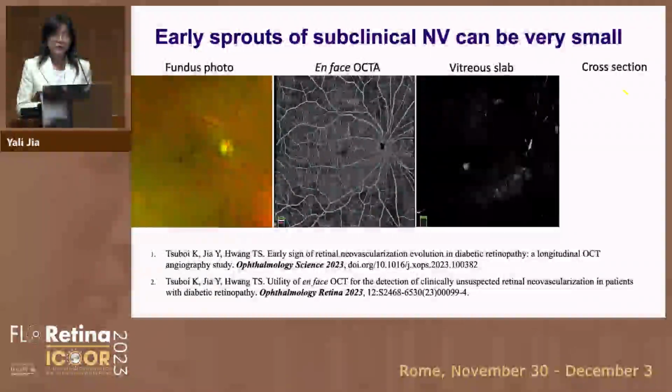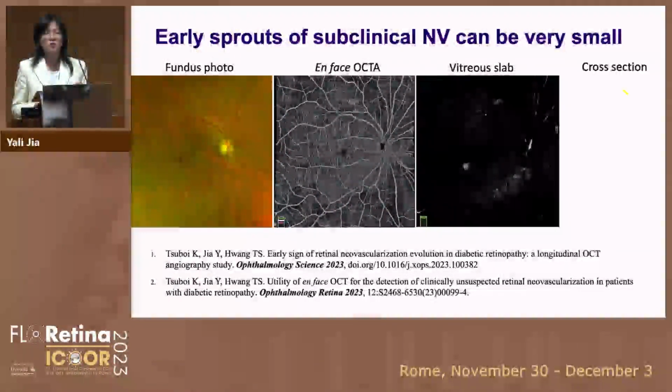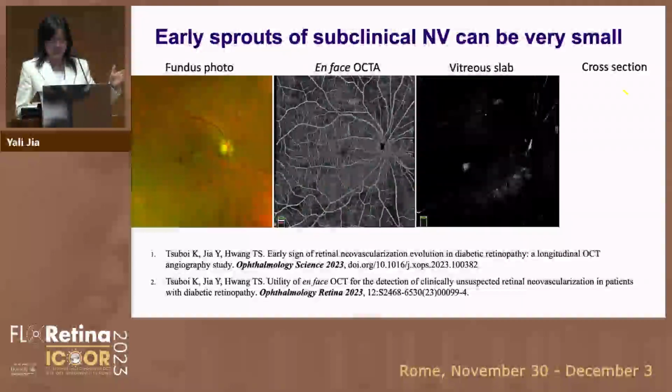I would tell you, if you thought wide field can solve everything, that's not true. Those tiny spots could be very small, so we also need to maintain the resolution. With a very high resolution scan pattern, we generated this en face OCTA from the inner retina.